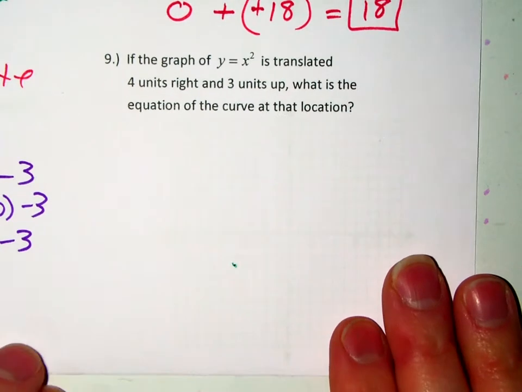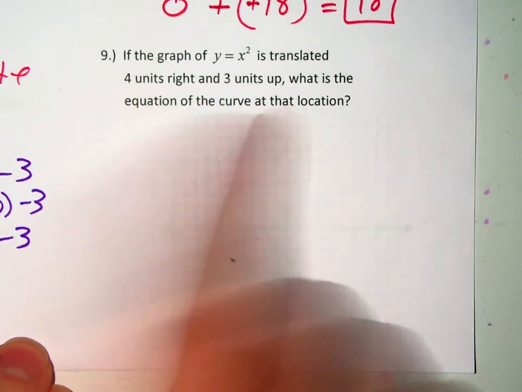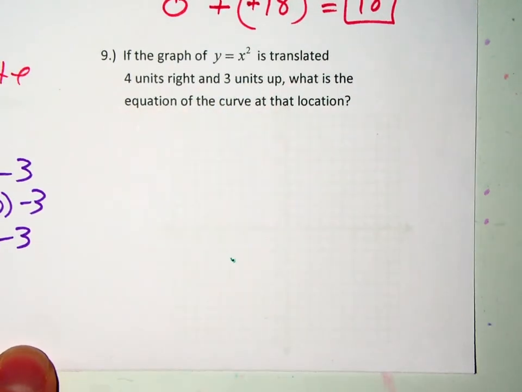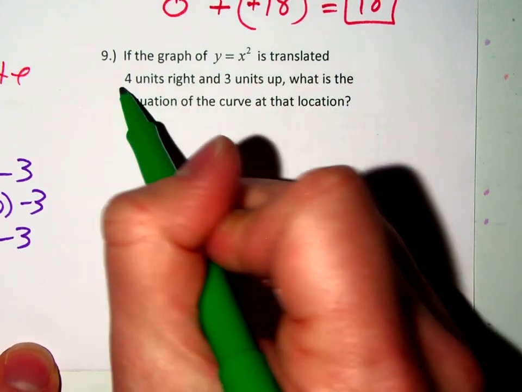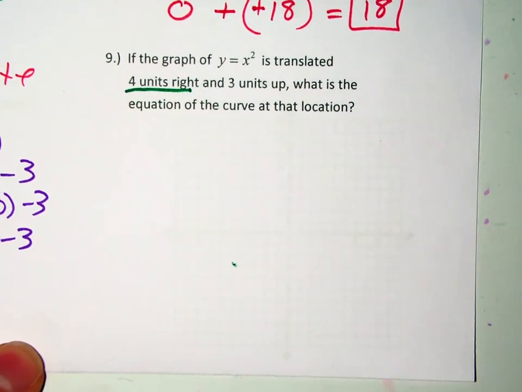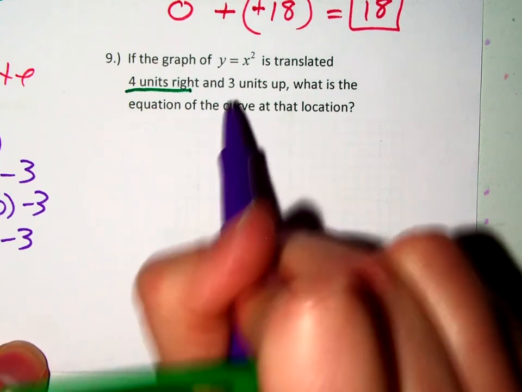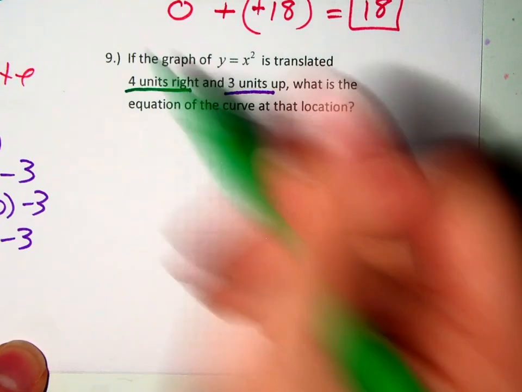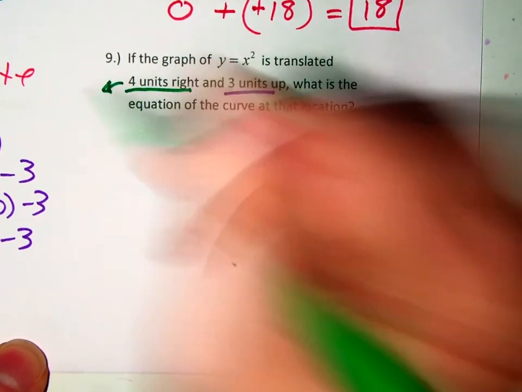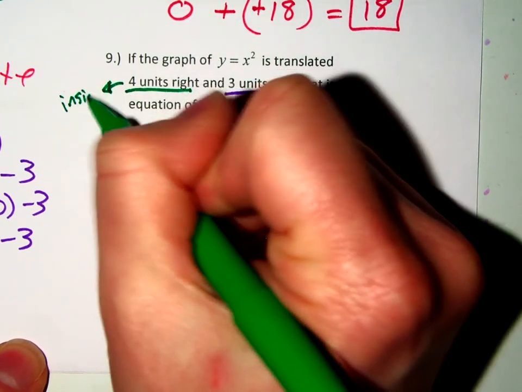All right, last one. Number 9. This, again, is one of those translating ones where you're supposed to take this as your base graph and translate it 4 units to the right and then 3 units up. So remember, left and right is what you do to the inside, right?